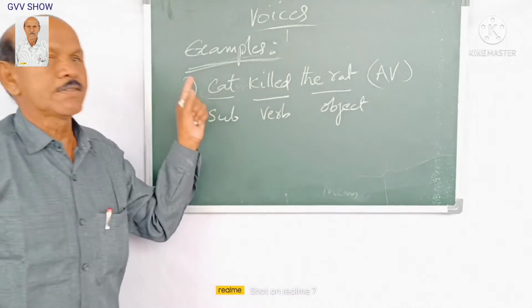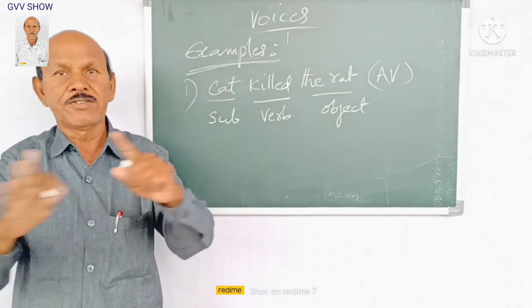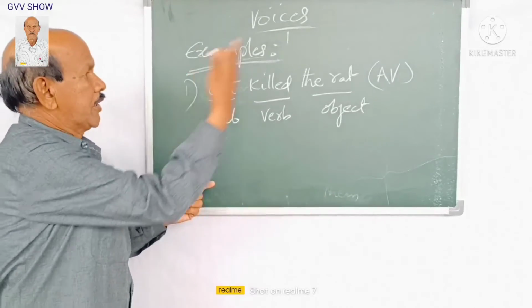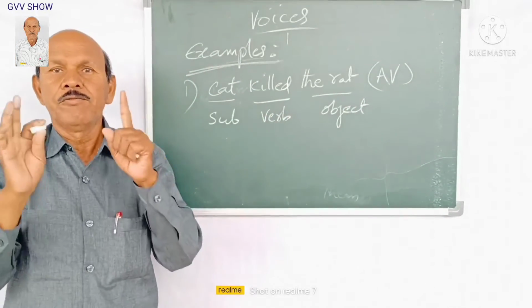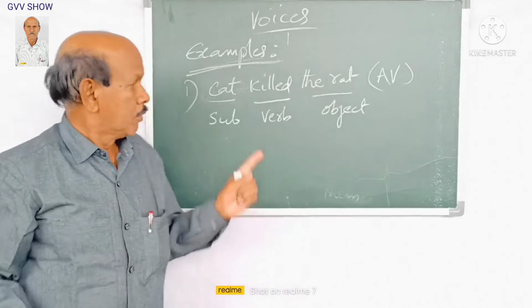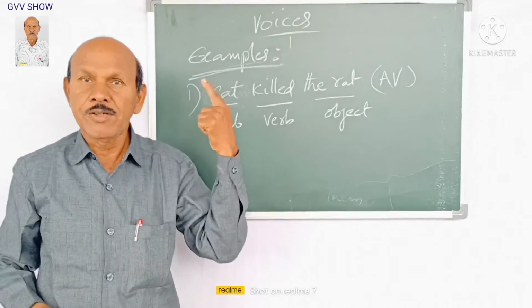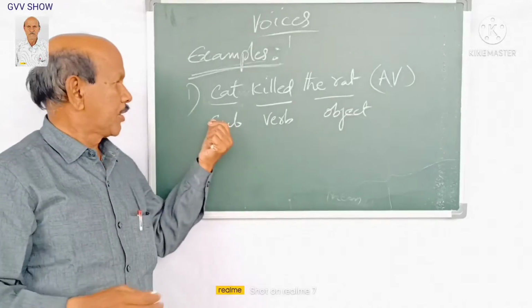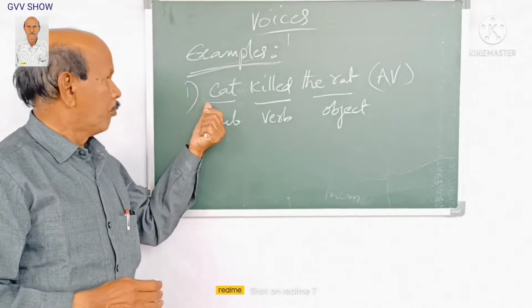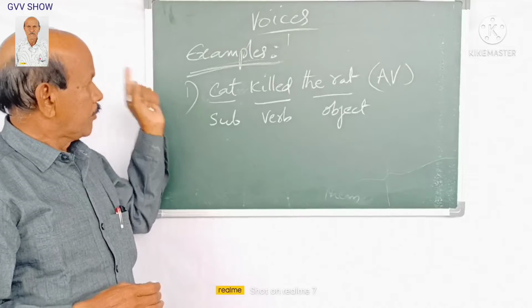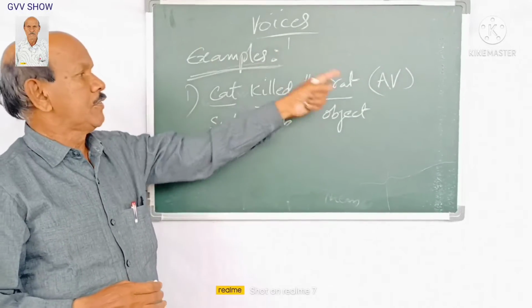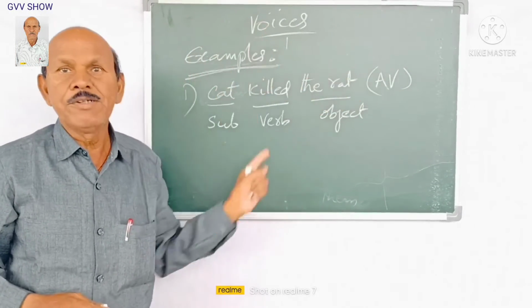The verb is always in the middle of the sentence. It does not change. The object and subject change, but the verb stays in the middle. In active voice, the subject is at the front, the object is at the end, and the verb is in the middle.